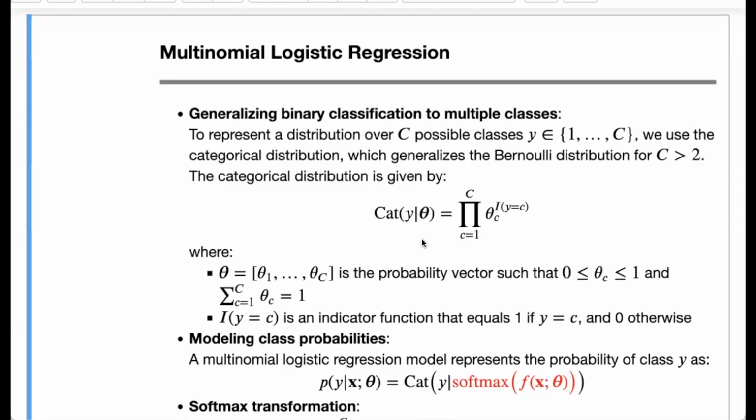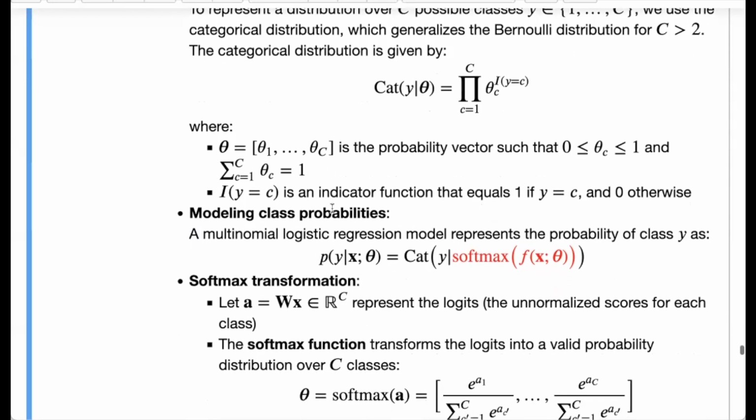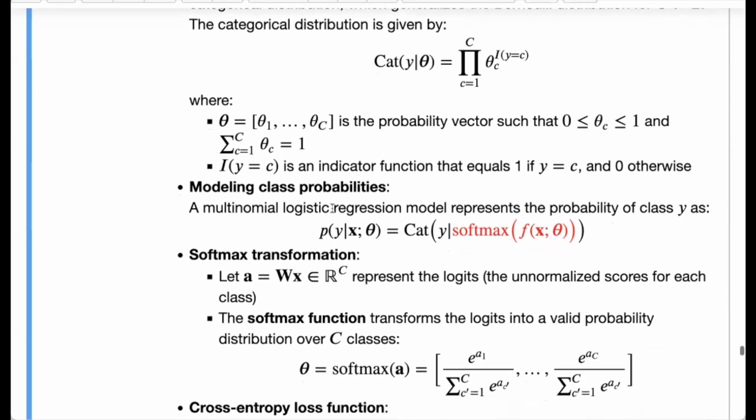So now the question is, how can we take the logistic regression model that we had and extend this to get multiple probability scores? And how many exactly? That should be the number of classes that we have. And we can do this using something called the softmax function.